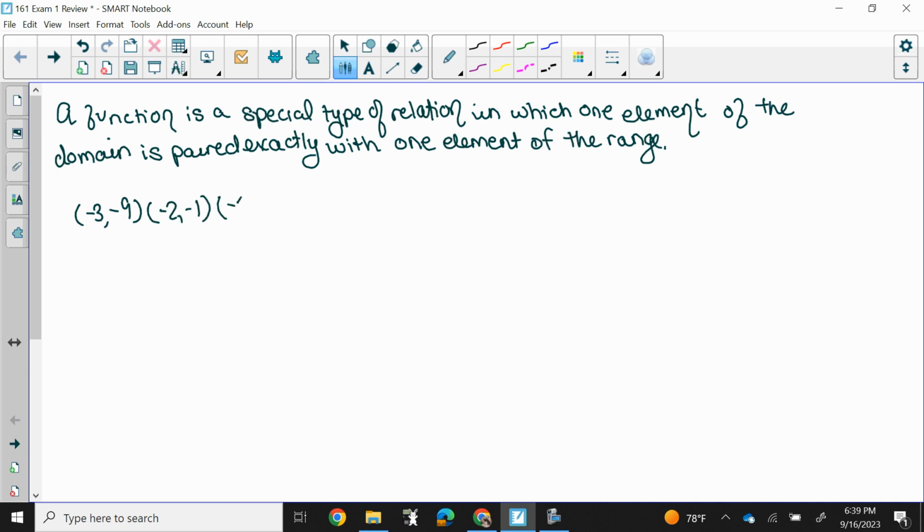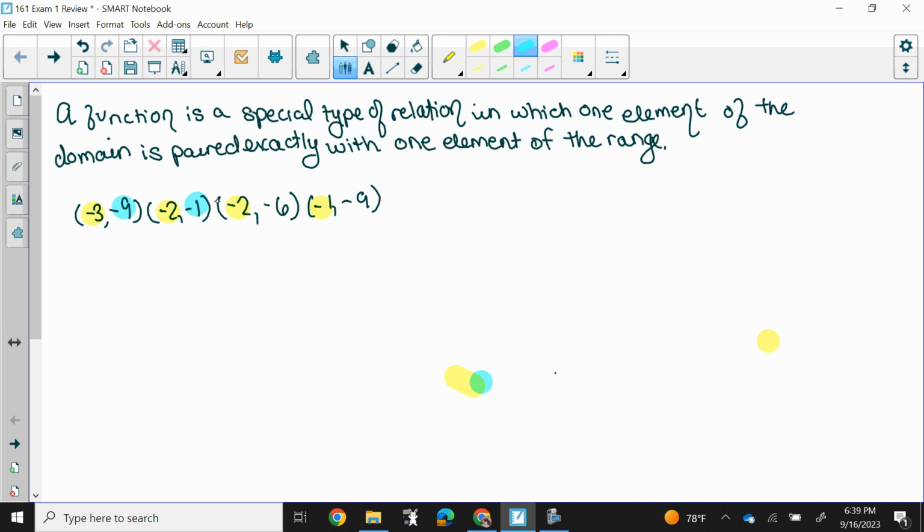This is just a relation here. Okay, so if we look here, remember that our domain is all the input values, which is always going to be your x values. So these values are your x values, and the blue values are your y values.